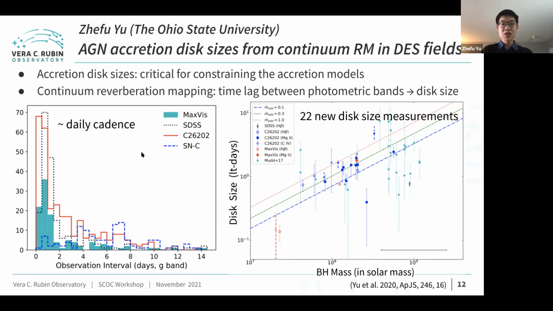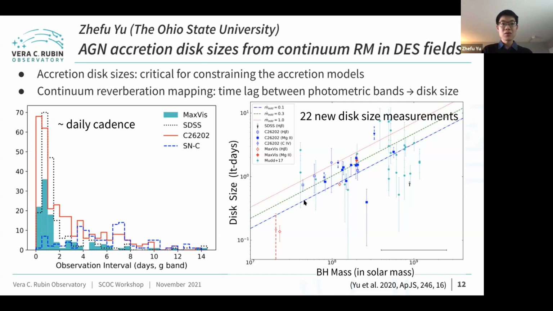Therefore, only the large sky surveys like DES and the upcoming LSST can possibly provide a large sample of disk size measurements. And in my 2020 paper, we used the first 5 years of data from some DES fields to measure the disk sizes. The left figure here shows the distribution of the observational cadence on those fields. So the DES standard star fields have about daily cadence, while the supernova fields have about weekly cadence. And in this paper, we measure the disk sizes of 22 quasars. And in the right figure, we plot them in the disk size versus black hole mass plot. And the 3 dashed lines in the figure show the prediction of a standard thin disk model with different Eddington ratios. And our measurements in this paper show general agreement with the prediction of the standard thin disk model. However, there were previous studies where they found significantly larger disk sizes than the model prediction in some local AGNs.